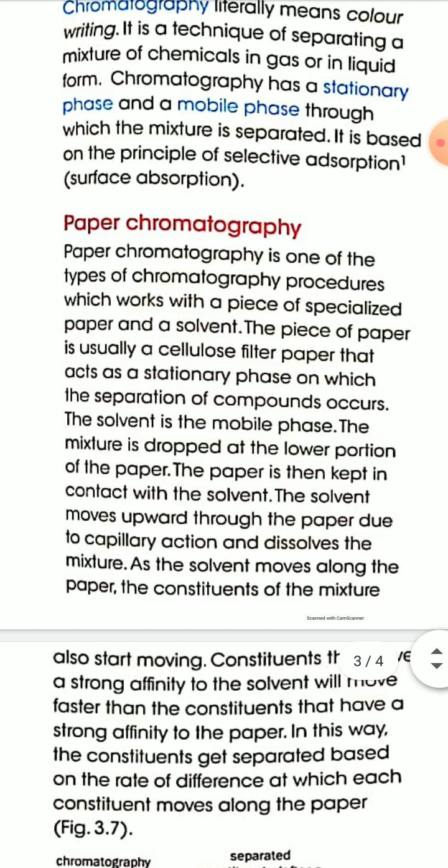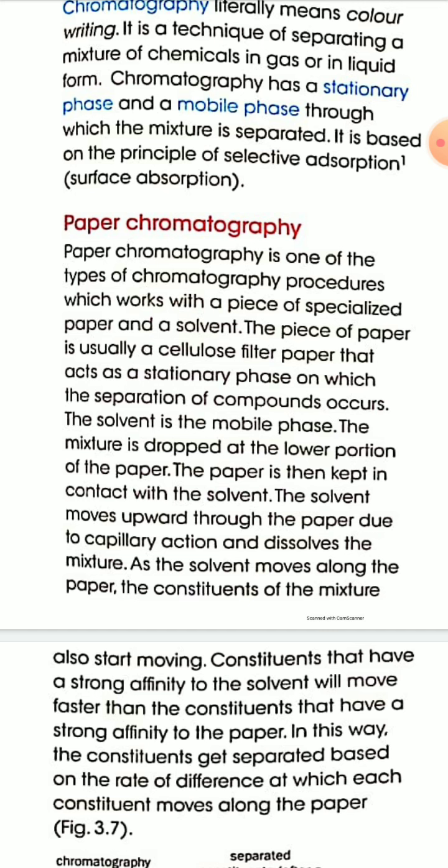Now the mixture is dropped at the lower portion of the paper, and then the paper is kept in contact with the solvent in a beaker, in a container. First you have to drop the mixture at the lower portion of the stationary phase, that is on the cellulose paper.